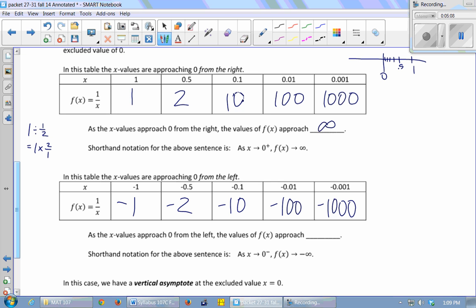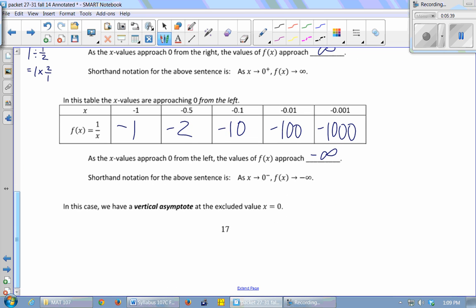So as the x values approach 0 from the left side of 0, we start at negative 1 and get closer and closer, what's happening to my y values? They go to negative infinity. So my shorthand notation here is as x approaches 0, and that little negative sign up above means from the left. So you would read that as x approaches 0 from the left, f of x approaches negative infinity.